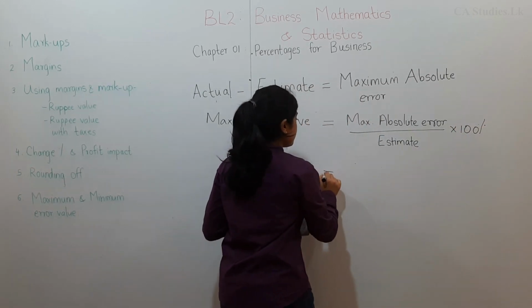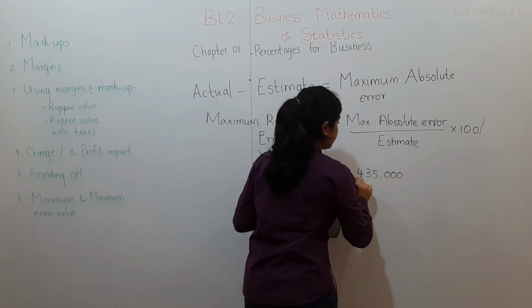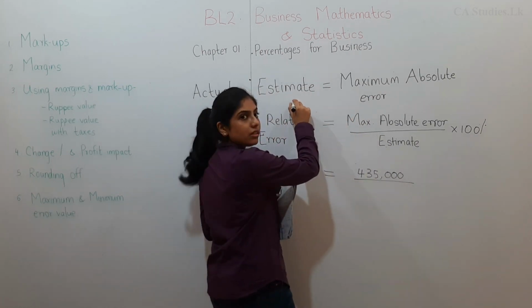So what was our maximum error? 435,000, and your estimate means the rounded figure.